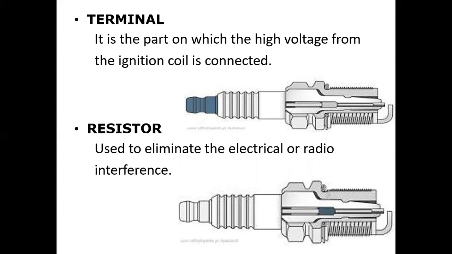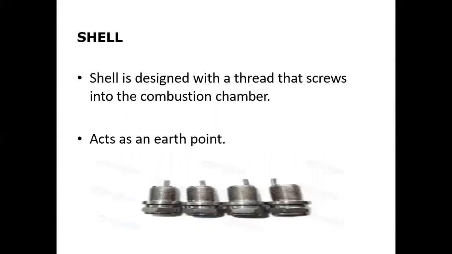A resistor is used to eliminate electrical or radio interference. Next is the shell. The shell is designed with a thread that screws into the combustion chamber, and acts as an air seal.